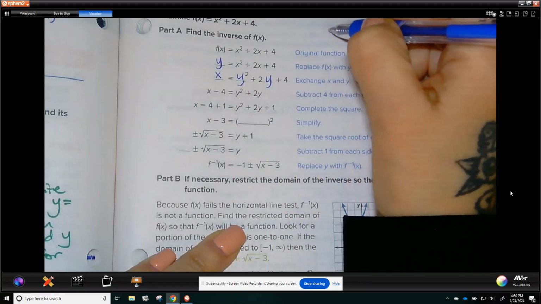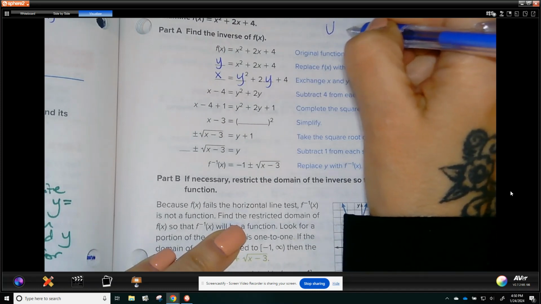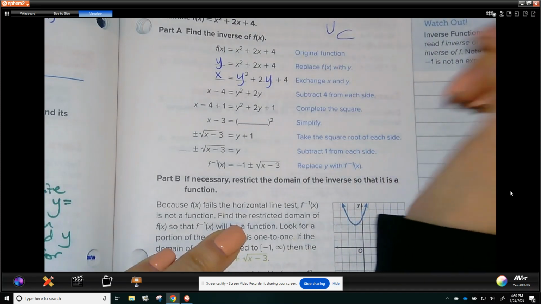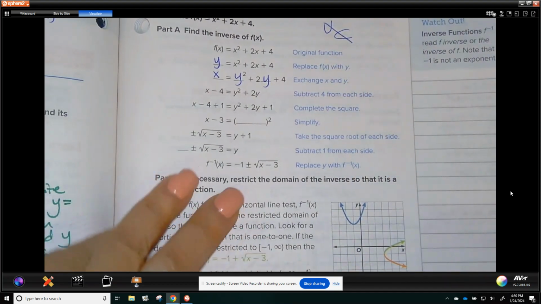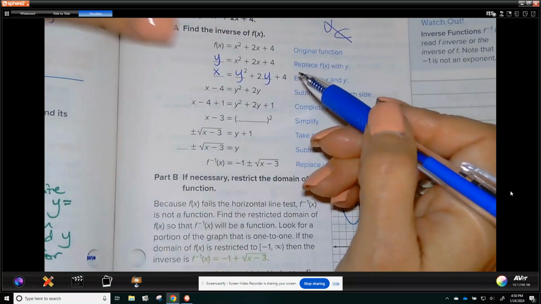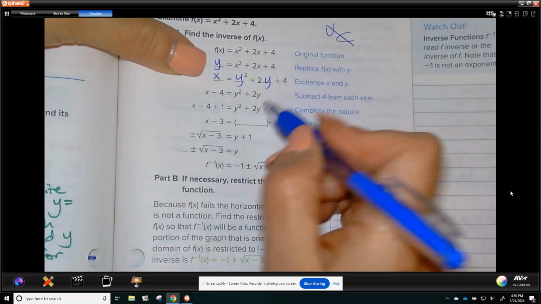I think I've told you in class, this is x squared. This is y squared. If we were to switch them, you see it in this graph. So then you're going to get a square root, and that's where it's restricting stuff. So you minus 4, you get this.